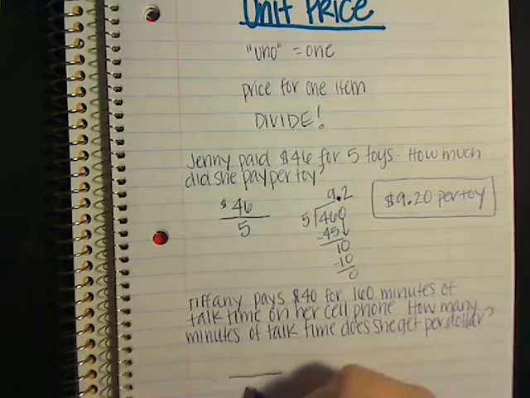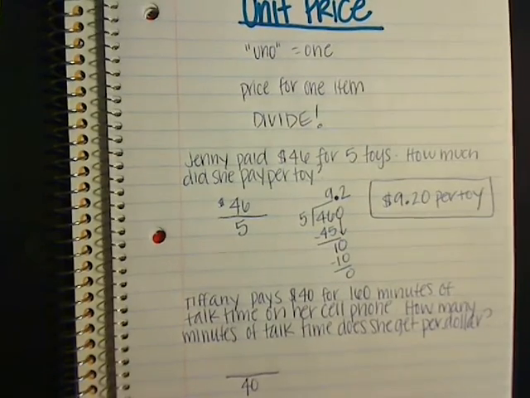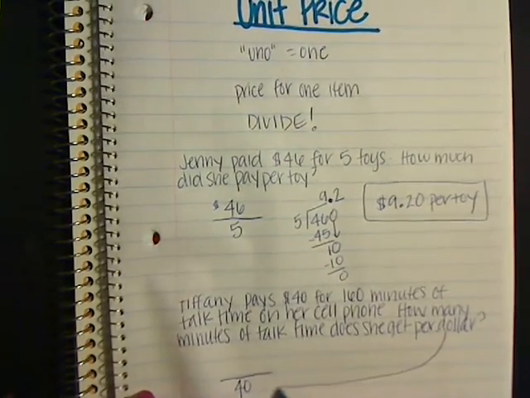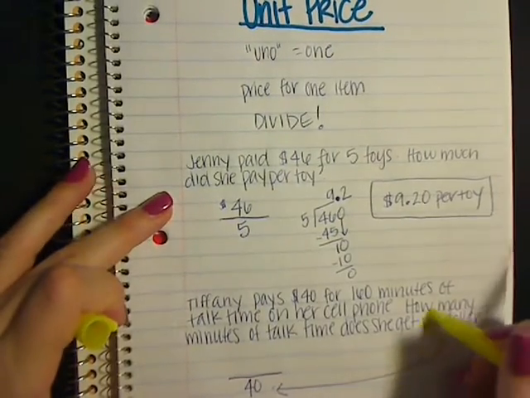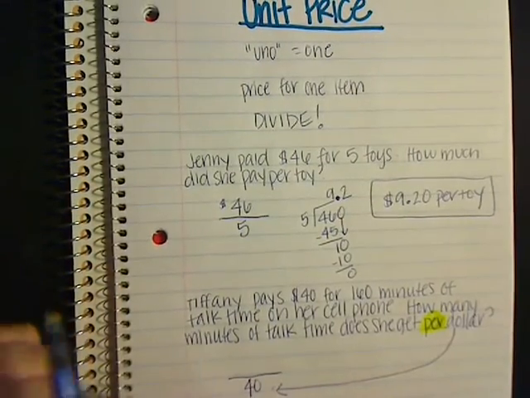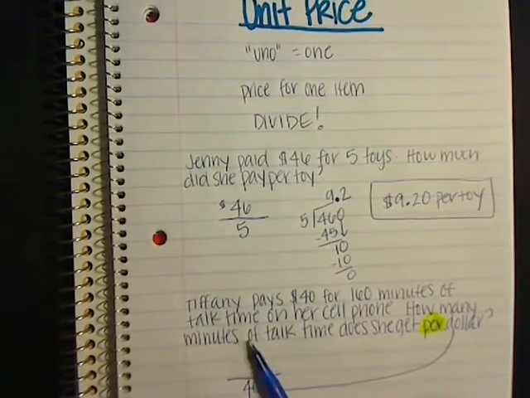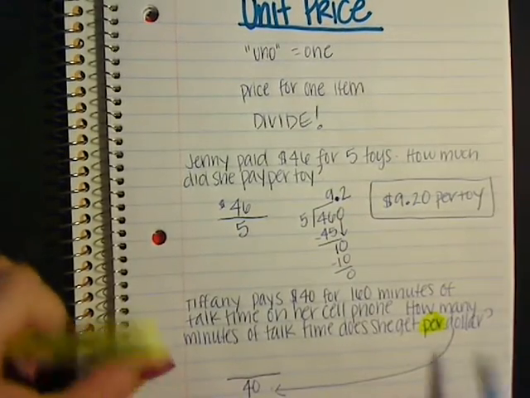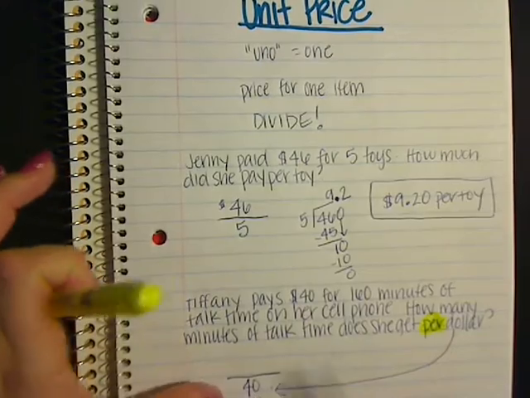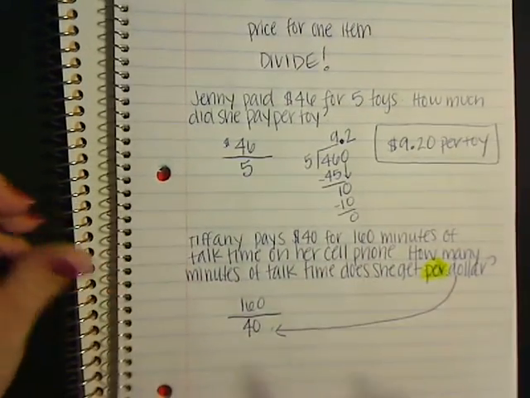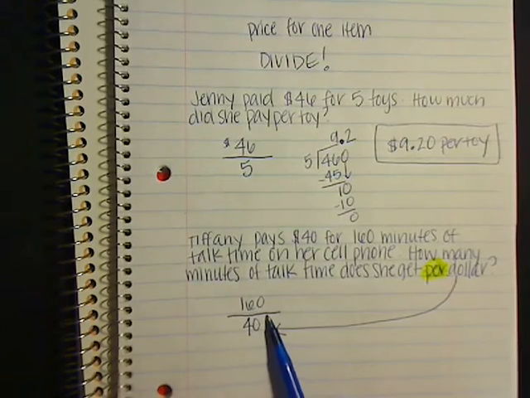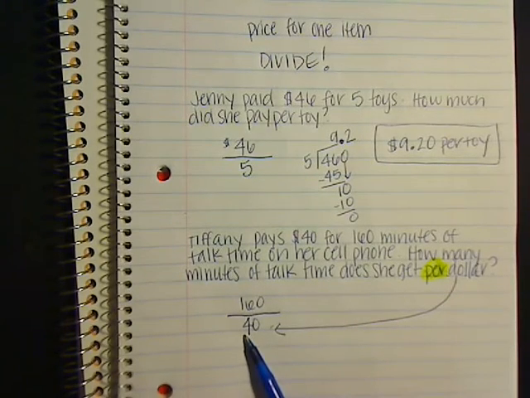So let's see, $40. Per dollar. Okay, minutes per dollar. So dollars is going to go on the bottom and minutes is going to go on the top. So she gets 160 minutes per every $40.